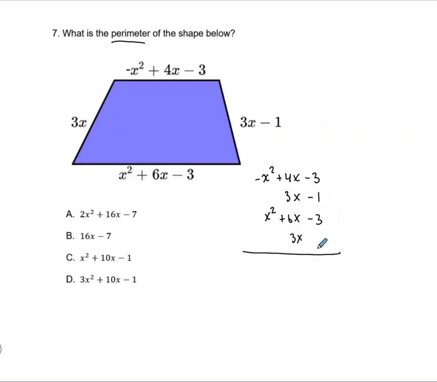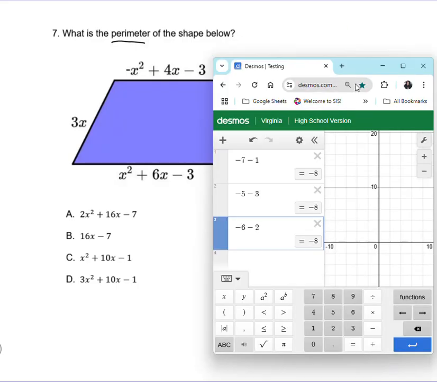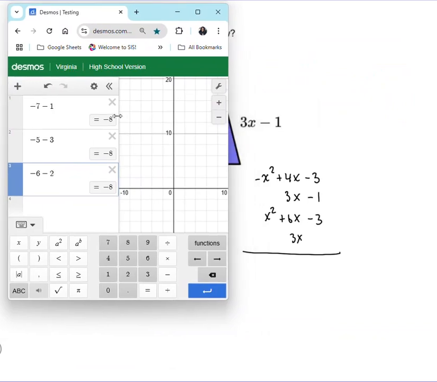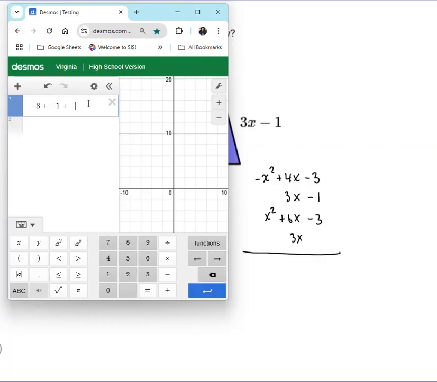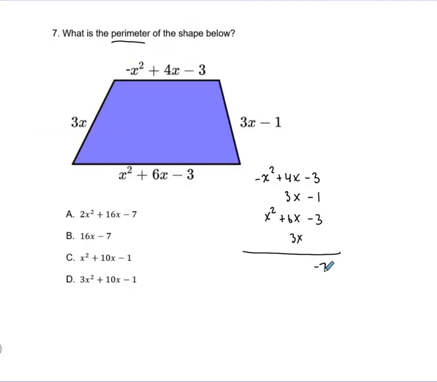So you're going to put all of these together. Basically you have negative 3 plus negative 1 plus negative 3, which is negative 7. So all of this ends up being negative 7.